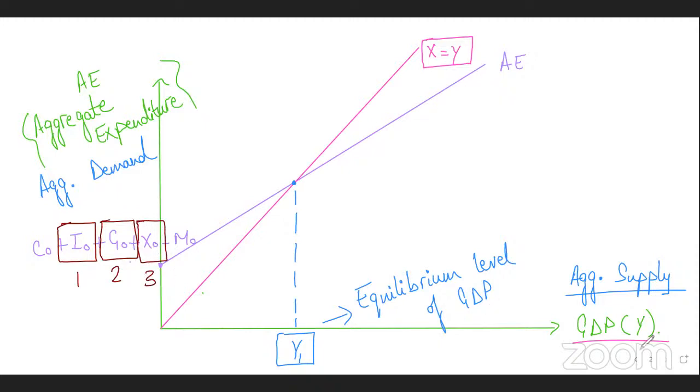Now, what is an injection? Injection is additional money that comes into the system in the form of investment, government spending, and exports.